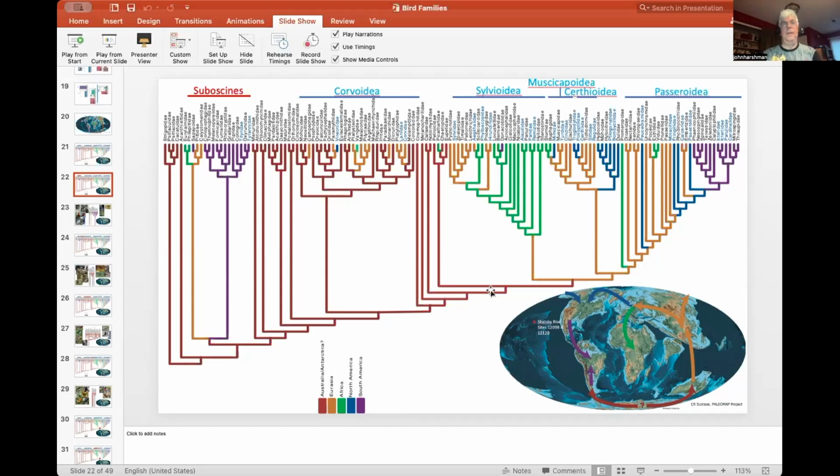But then you go past that, into the superfamily Muscicapoidea, and you look at a starling, and you say, "Oh, that's related to a robin," and you see a mockingbird, which is a thrasher, and that's related to a robin. You could also say the mockingbirds are close relatives to the starlings.